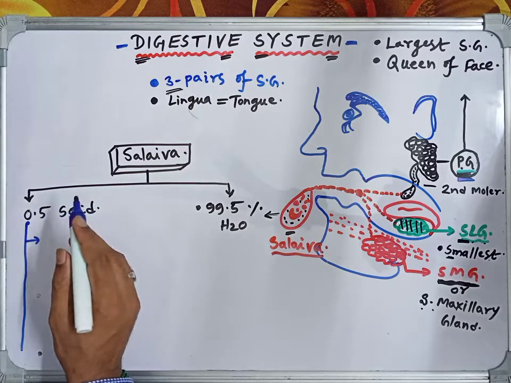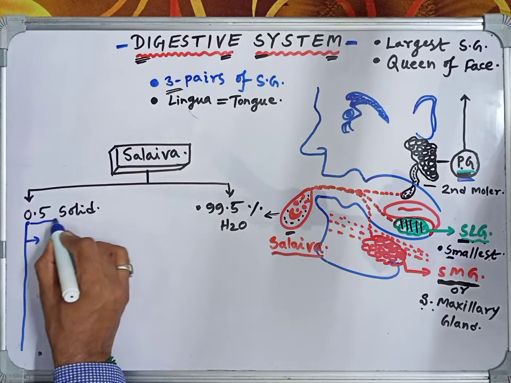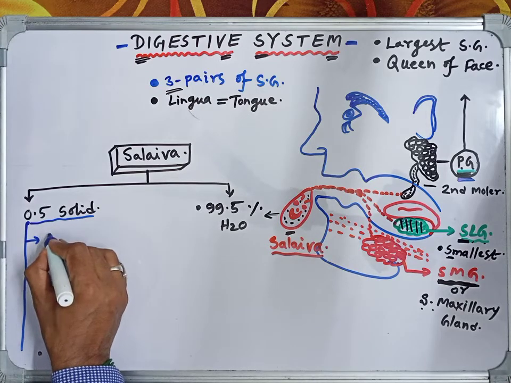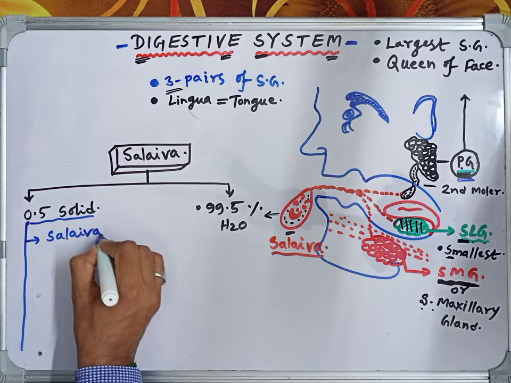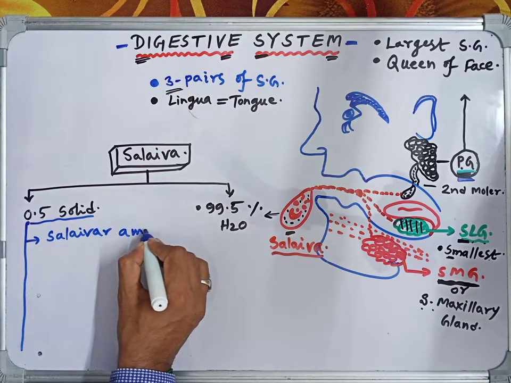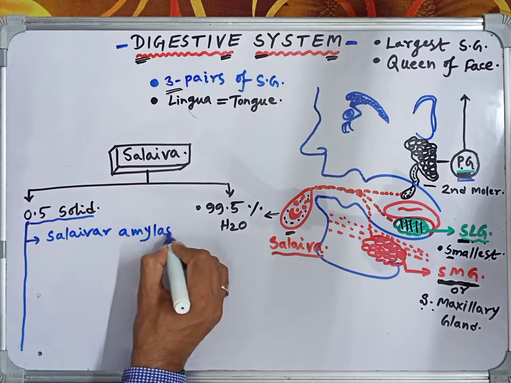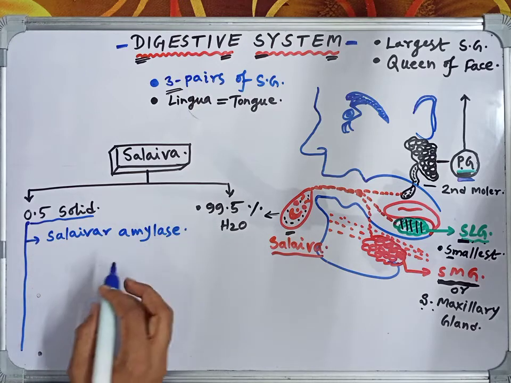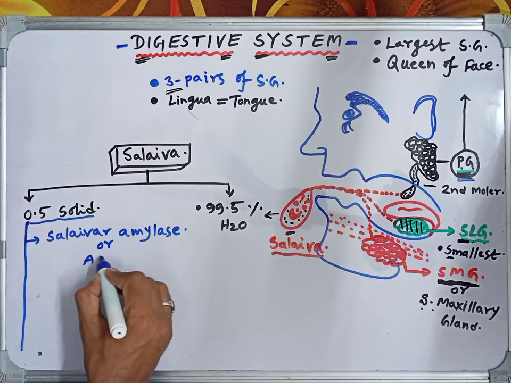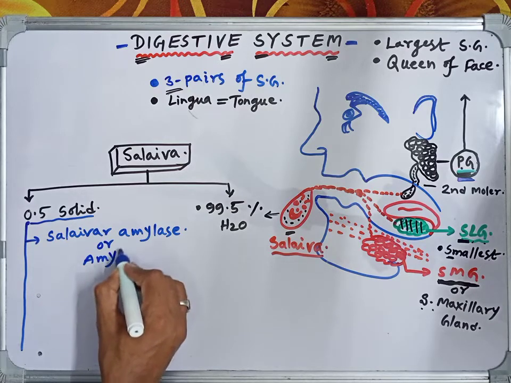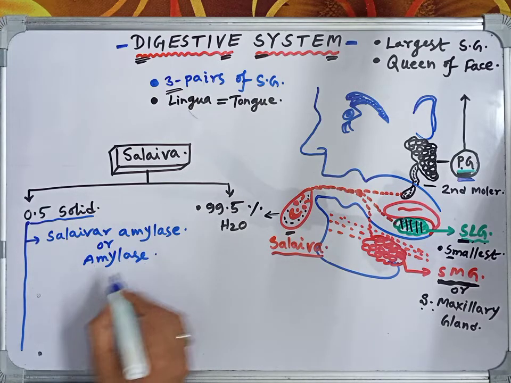The first important thing present in this solid portion is called salivary amylase enzyme, or simply amylase.